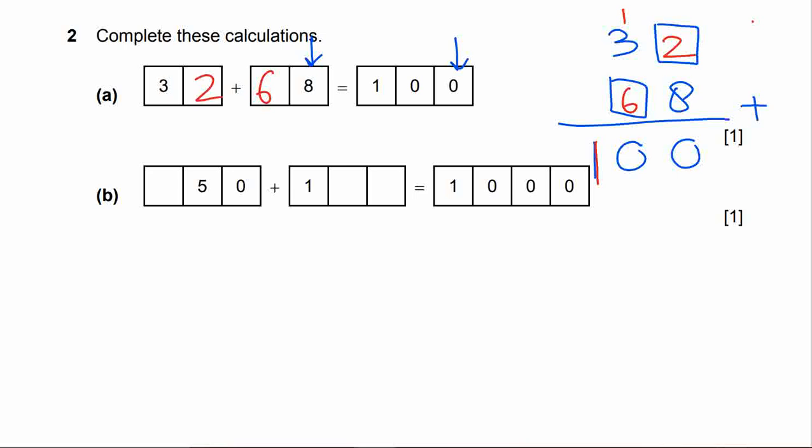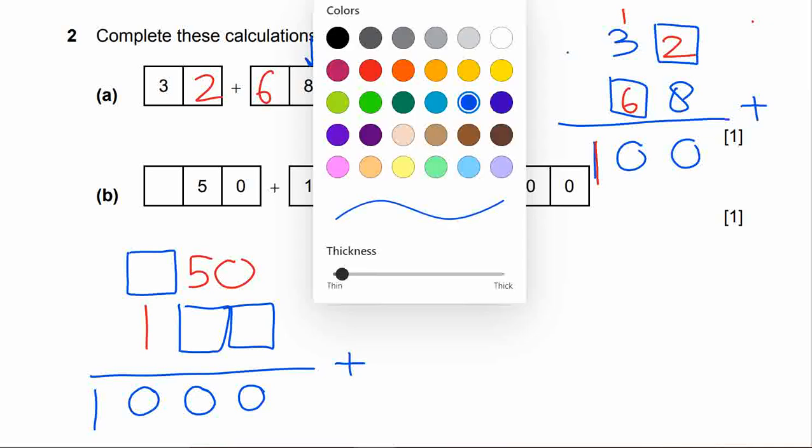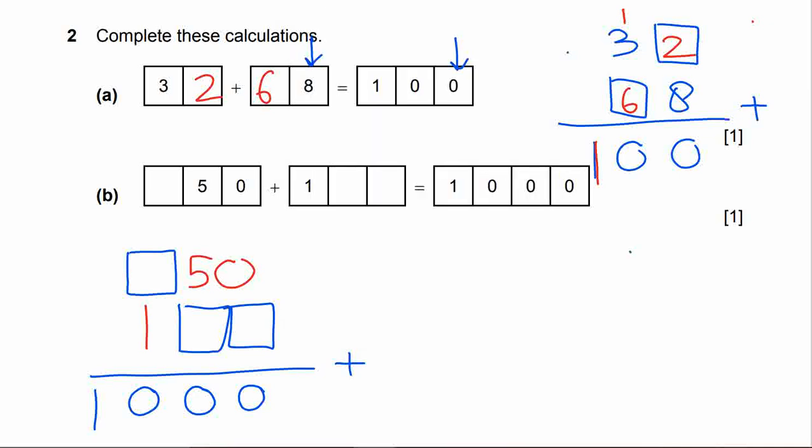Next question. We just have to arrange 5, 0, and 1. This one is a box. So now 0 plus what to make 0?